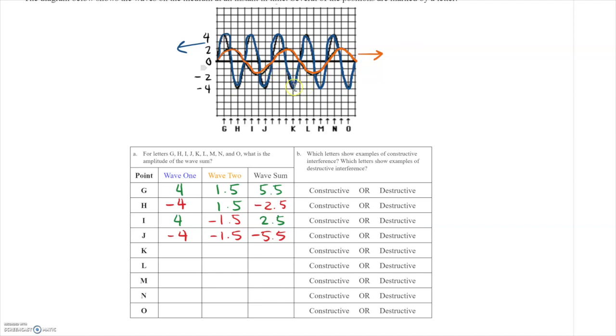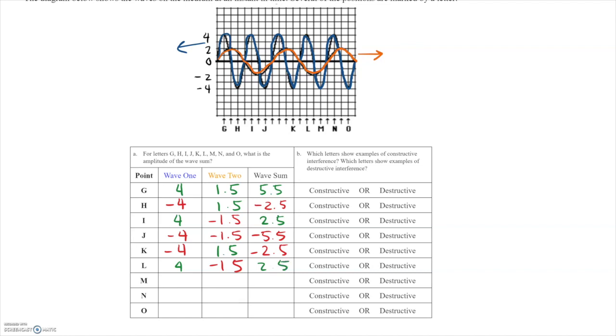So K, we see that wave 1 has an amplitude of negative 4. Wave 2 has an amplitude of 1.5. If we add these two values together, it would be negative 2.5. At L, wave 1 has an amplitude of 4. Wave 2 has an amplitude of negative 1.5. And if we add these two values together, we would get 2.5.